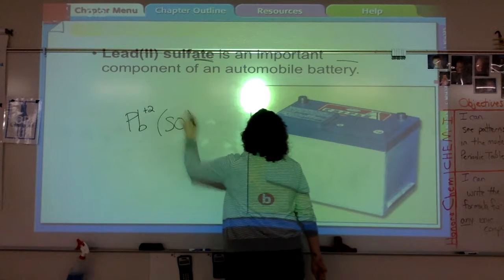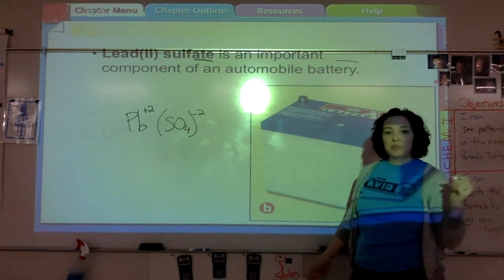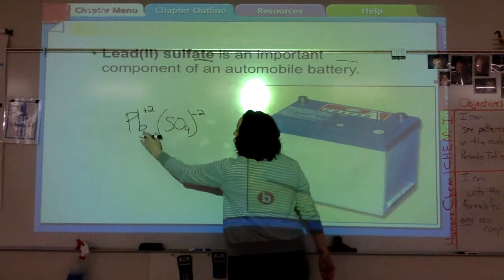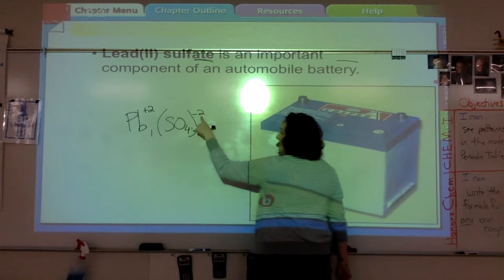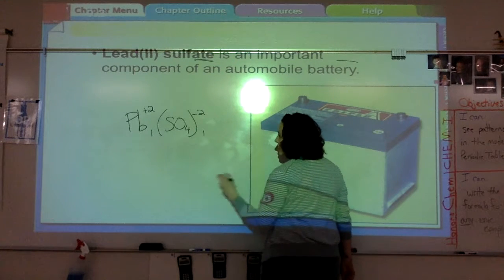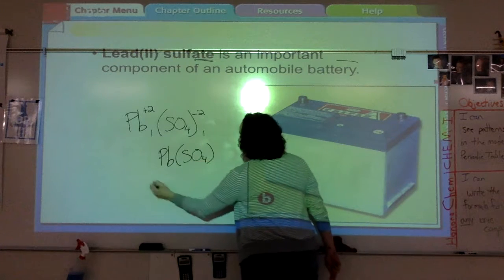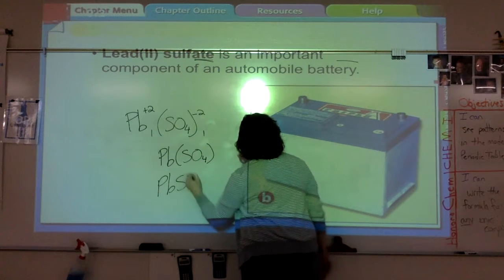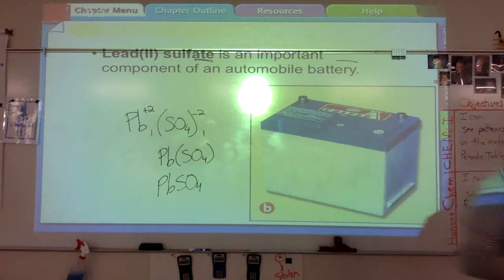It's SO4 with a -2 charge. Least common multiple of 2 and 2 is 2. So lead is 2 times 1. Sulfate is 2 times 1. So this example can be with or without parentheses because you just have one sulfate.